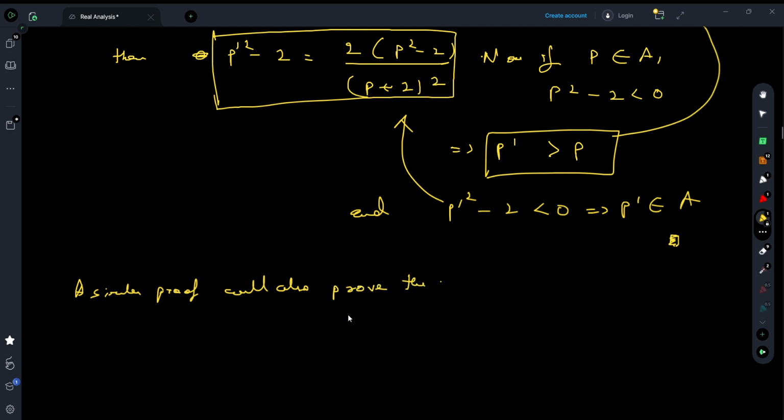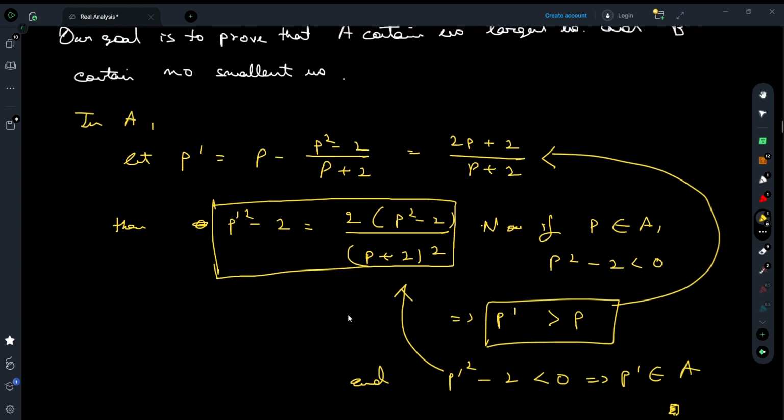A similar proof will also prove the required proposition in B. We consider the same things. What we actually do in that case is p square minus 2 is greater than 0.